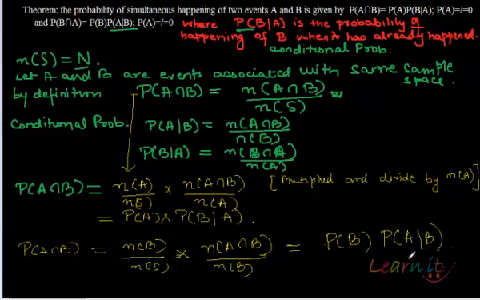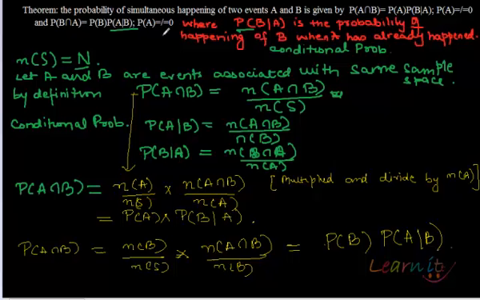What essentially are we trying to say in this theorem is that the simultaneous happening of two events is actually the product of two probabilities: the probability of the first event that happens and the probability of the second event happening when the first event has already happened.